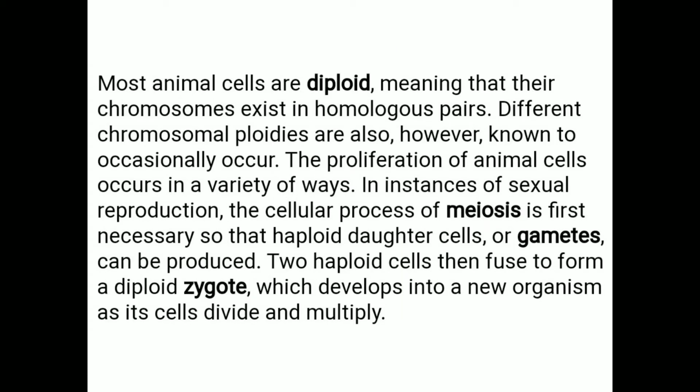Most animal cells are diploid, meaning that their chromosomes exist in homologous pairs. What is meant by homologous pairs? At the time of reproduction, the fusion of male and female gametes is called fertilization.